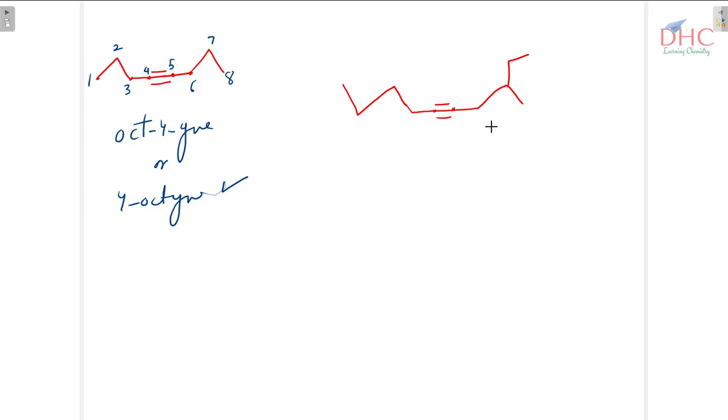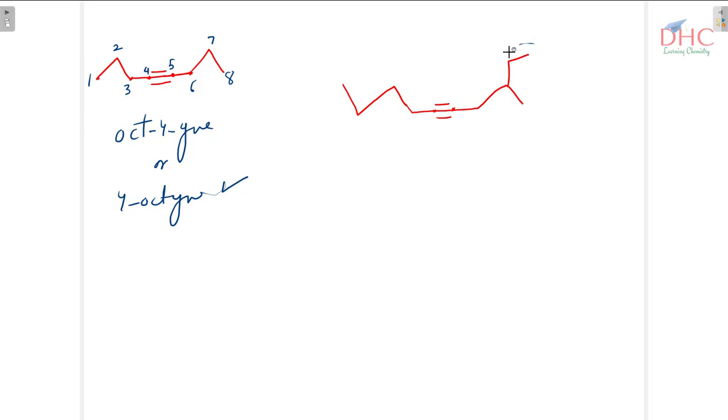So we can do the numbering now. अगर आप यहां से नंबरिंग करेंगे 1, 2, 3, 4 and 5 gets the number triple bond. अगर यहां से करेंगे 1, 2, 3, 4, 5. तो यहां से भी 5 आता है, यहां से भी 5 आता है. अब मसला ये है कि अगर आप देखेंगे पहले स्ट्रेट चेन में, देखिए 1, 2, 3, 4, 5, 6, 7, 8, 9 कार्बन स्ट्रेट चेन. अगर यहां से स्टार्ट करेंगे 1, 2, 3, 4, 5, 6, 7, 8, 9, 10 carbons.